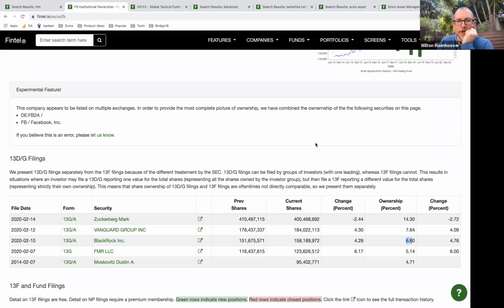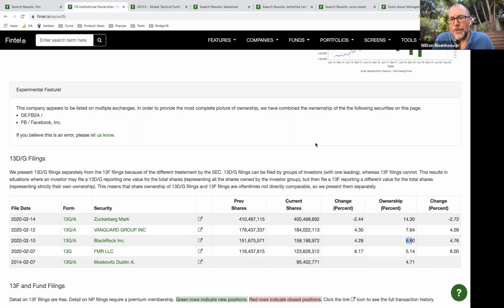Okay. Does Fintel always show when funds close out a 13G position? So the requirement is this: if somebody owns 1% of a company, they're not required to file a 13G.